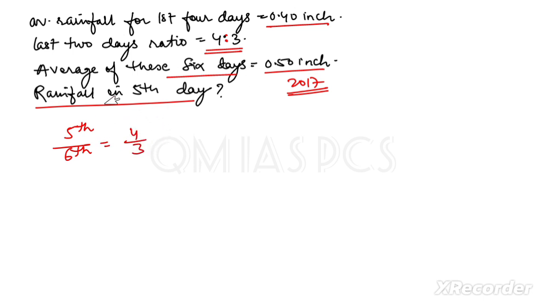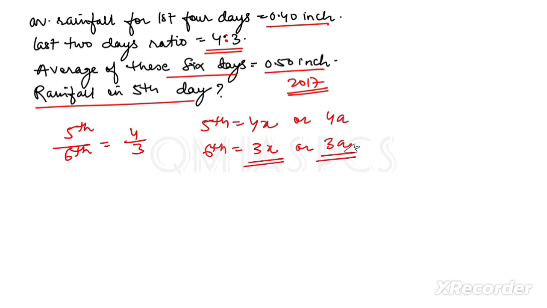Now can we write the fifth day will be 4x and the sixth day will be 3x, or you can say 4a and 3a. If you are not comfortable with x, we can write in the form of a. So we will do it with a.